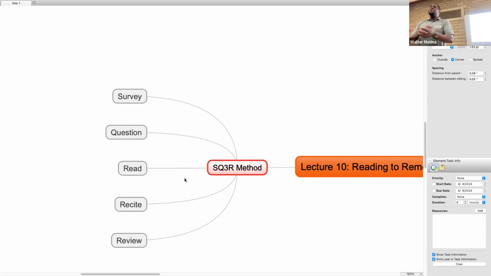And the moment you do that, you are missing huge chunks. And when it comes to the test, you are not going to pass well. And now you have provided yourself with the evidence of why you never liked Walter to begin with. Hence, I have now failed. But we are literally the cause of that. So the position you take is the thing that ultimately determines how you are interacting with the information before you.